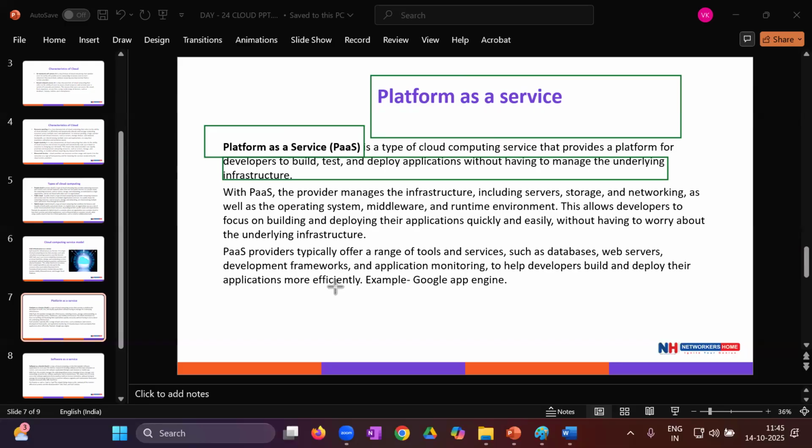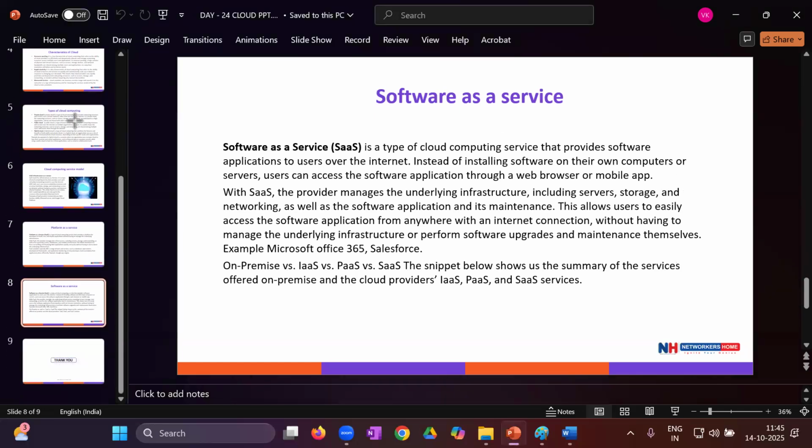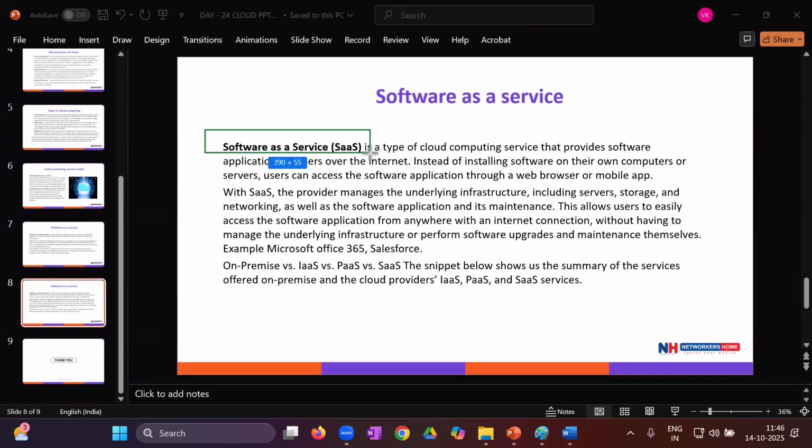So one is infrastructure, one is platform, and the last one is software as a service. If you are getting any software as a service, then that type of service is called software as a service. For example, let's say I don't have Microsoft Excel.